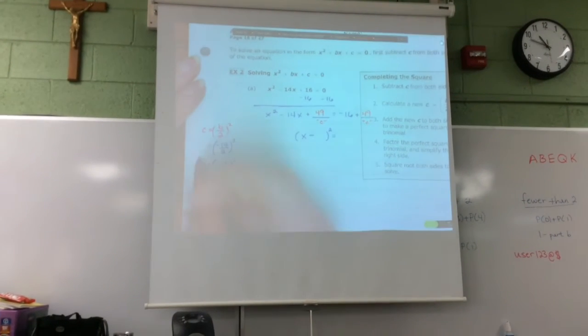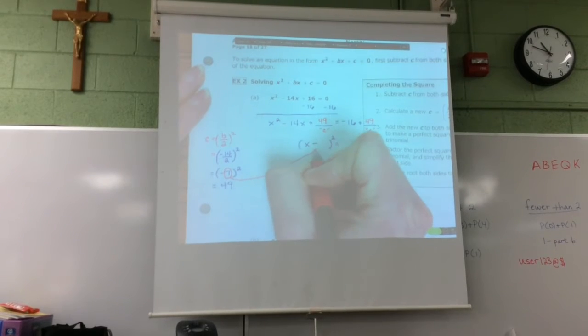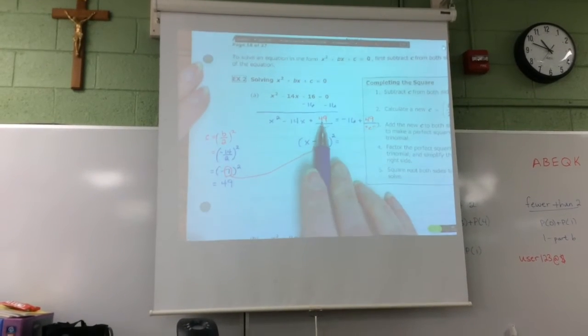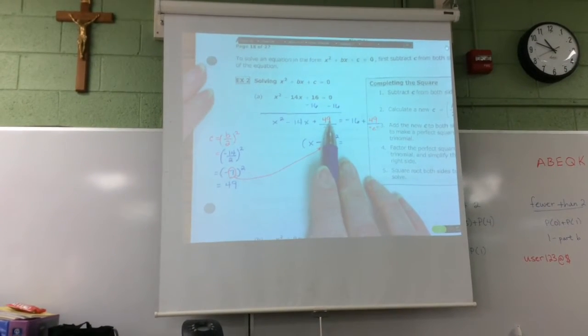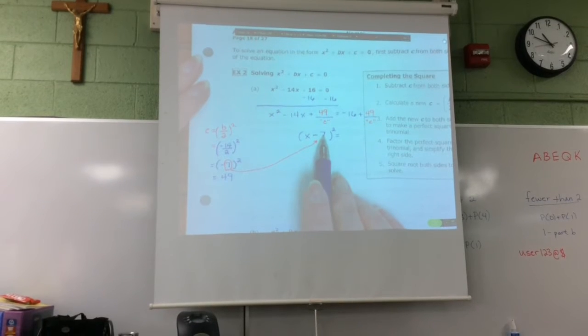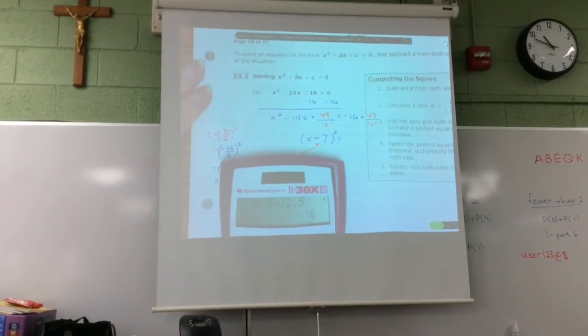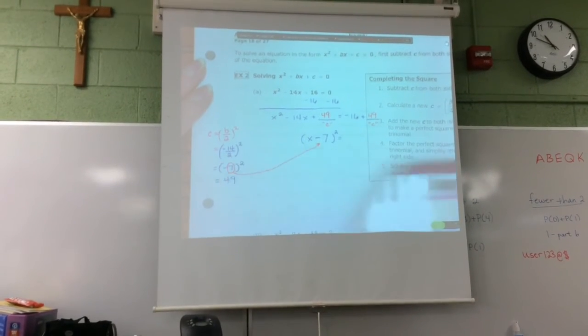And here's who you're bringing in. This guy right here, he's going to go there. And essentially, notice, it's the square root of whatever is here. Whatever the square root of this is what's going here. On this side, I'll get my calculator out. Negative 16 plus 49 gives me 33.